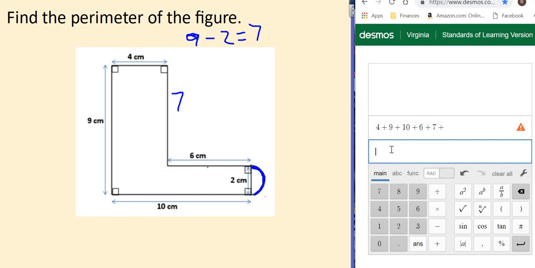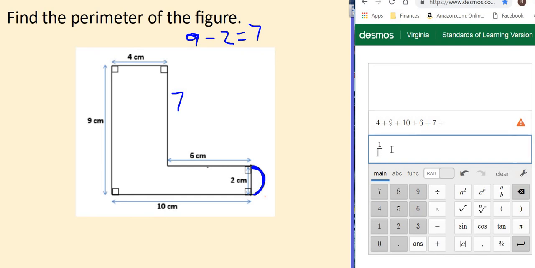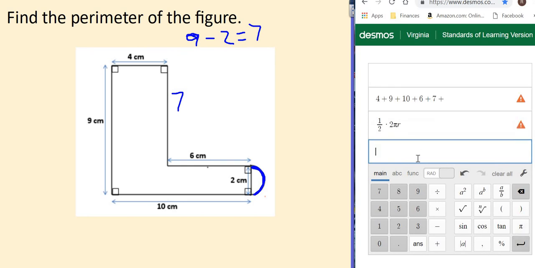Circumference of a semicircle, again, is going to be 1/2 times 2 pi r. And then I'm going to go ahead and go to the next line and figure out what my radius is.